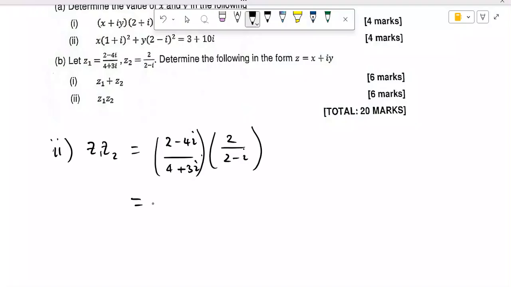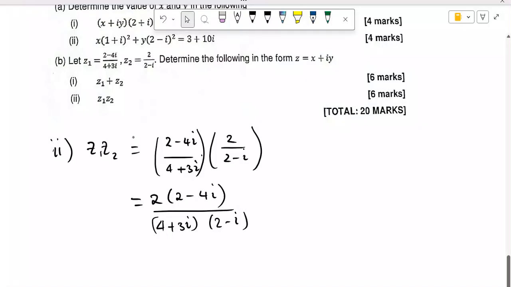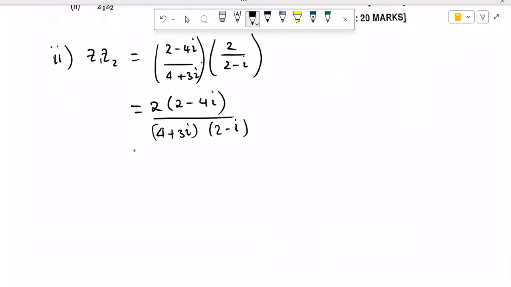So this is same as 2 multiplied by (2 minus 4i) over (4 plus 3i) multiplied by (2 minus i). Okay, so you expand now. So 2 by 2 you can say 4, 2 by 4i is 8i.